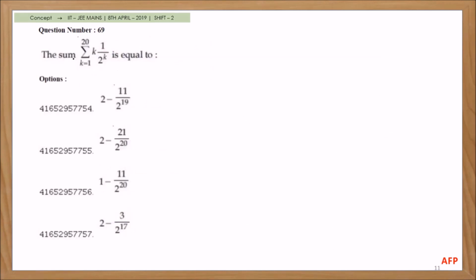Next problem, the sum you have to find. Let s be equal to, we'll take 1 to 20: 1 by 2 plus 2 into (1 by 2) square plus 3 into (1 by 2) raised to 3, and so on up to 20 into (1 by 2) raised to 20. Now you can solve this as an AGP series, so we will multiply by its geometric ratio.